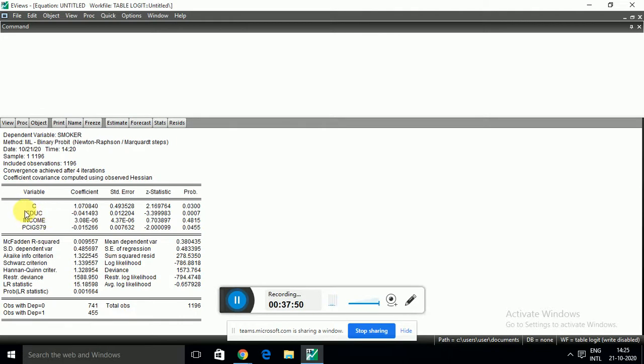I need to incorporate education, income, and price of cigarettes while I try to predict whether a particular person is a smoker or a non-smoker. Okay, is that clear? These are the two basic distinctions in terms of looking at the statistics.